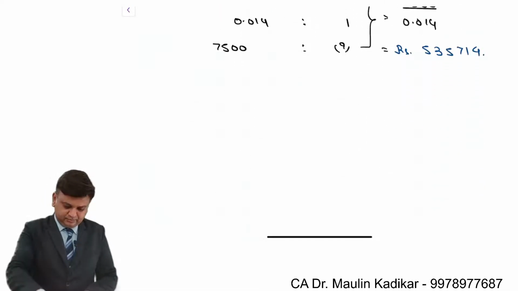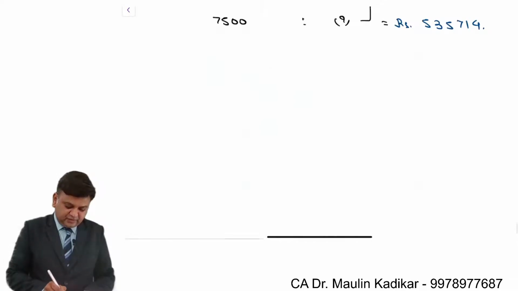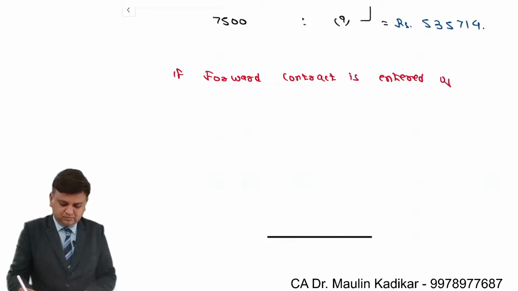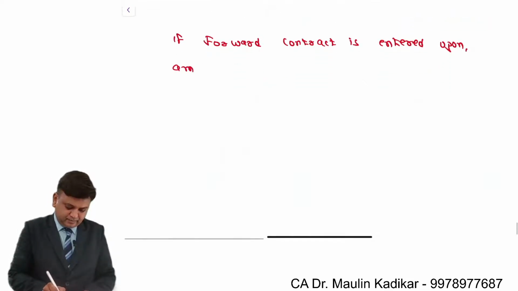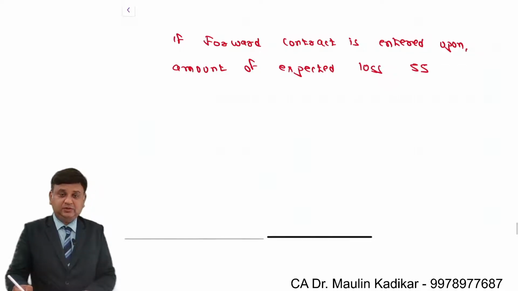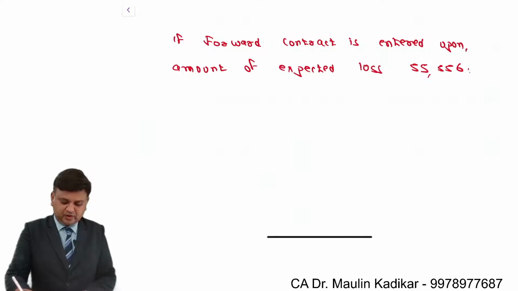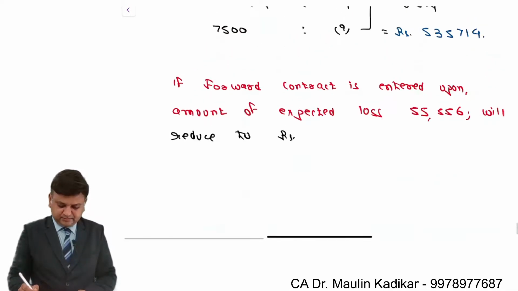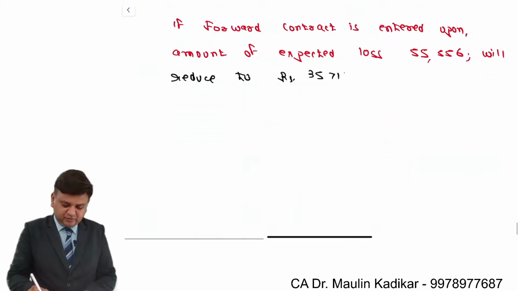Now write down: if forward contract is entered upon, amount of expected loss, 55,556, will reduce to rupees 35,714.